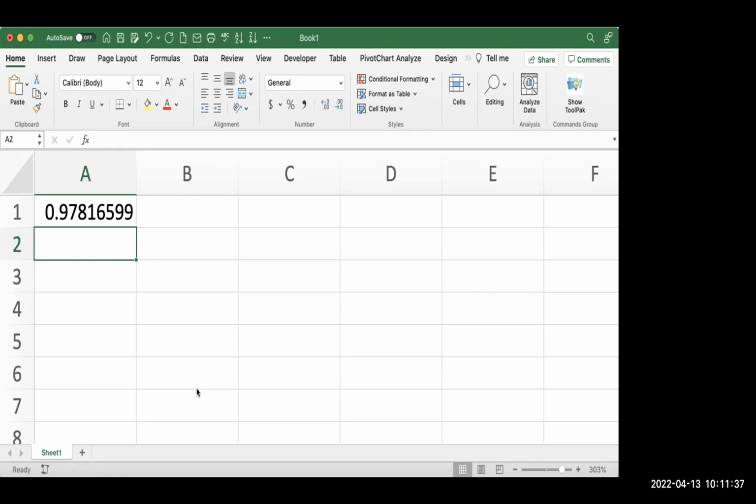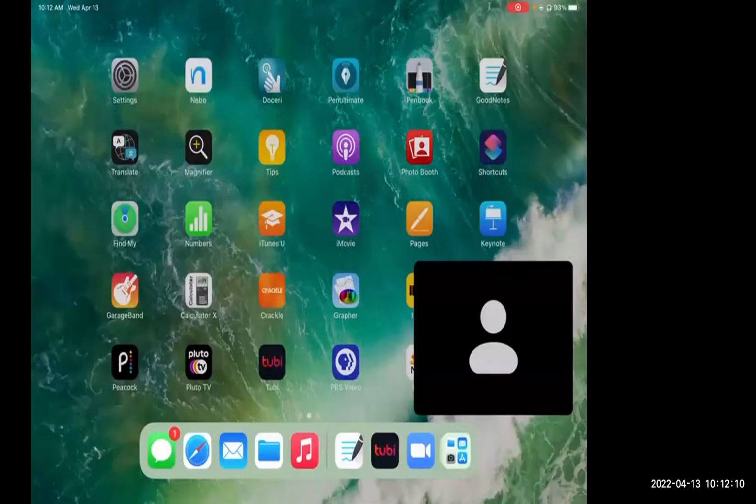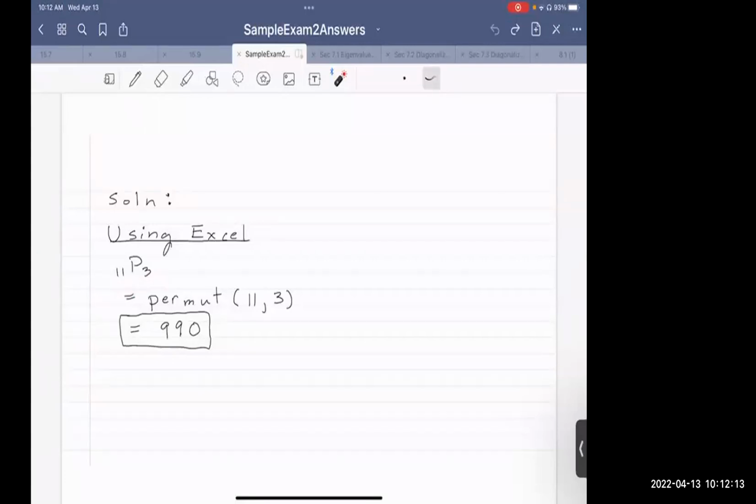And so I have here permute 11, comma 3, and I get 990. And so let me input that into my laptop. So let's write that down. And so we get that 11P3 using the permute 11, comma 3 command is 990.